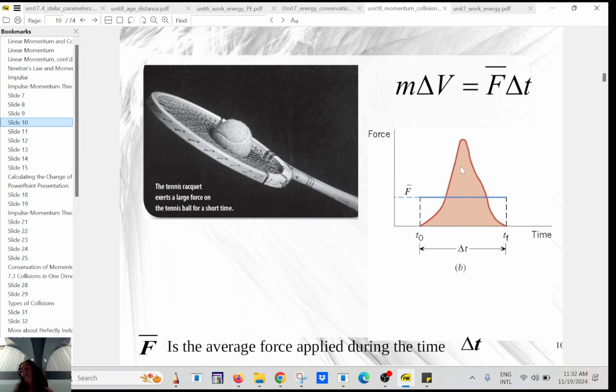If you use this here, you have to do an integral, but that will be the same thing as the average force. So that means if the force is not constant, then you use this equation here, and instead of having a force here, which stays the same, you take the average force. Okay?